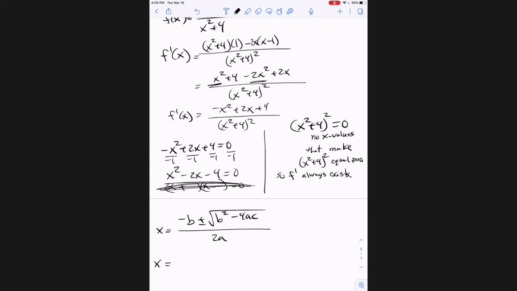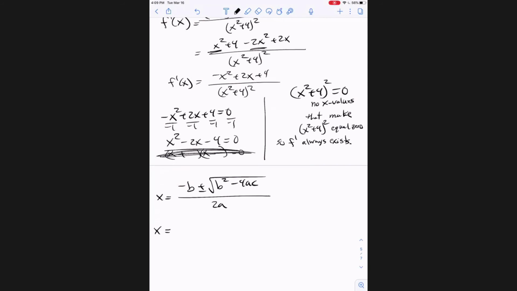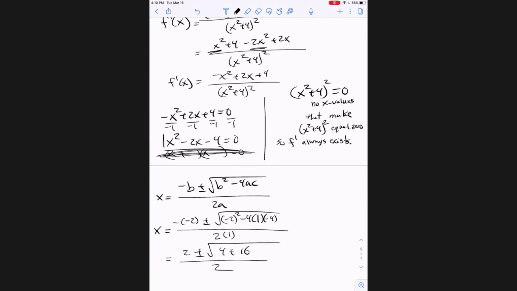All right, so x equals. I'm going to use a being 1, b being -2, and c being -4. So -(-2) plus or minus the square root of (-2) squared minus 4ac, all over 2a. Don't forget the double negative changes into a plus 16.